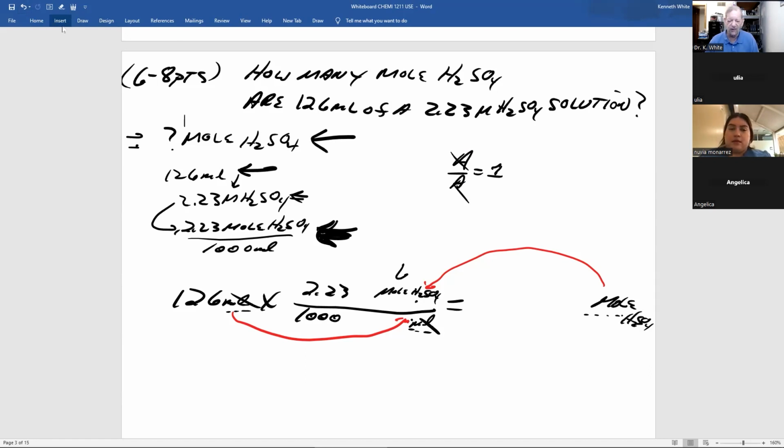We're left with moles of sulfuric acid, H2SO4. I can happily pick up my calculator, turn it on, clear it. 126 times 2.23 divided by 1,000. And my calculator gives me this number.